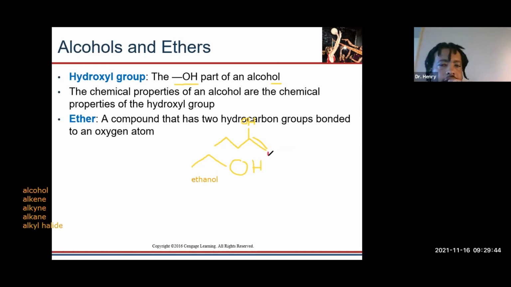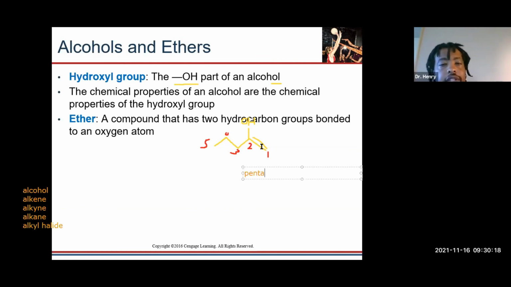So we start counting from this side: 1, 2, 3, 4, 5. So a 5-carbon chain. What is the prefix for a 5-carbon chain? Penta. Okay, so we have penta.